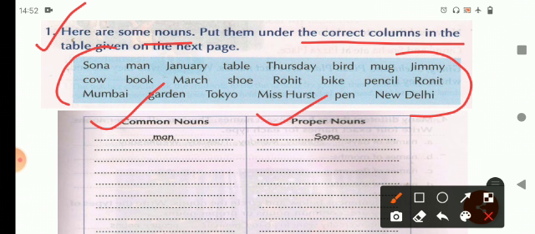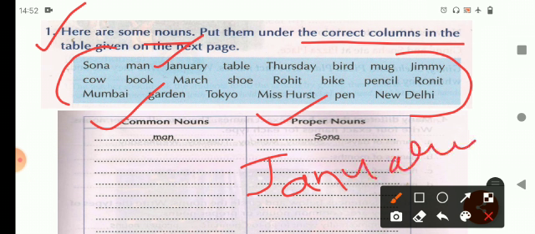Now let's do the next one. Next word is January. January is a name of particular month, so it's a proper noun. It will be written in the column proper noun. Next word is table. Table is common noun.